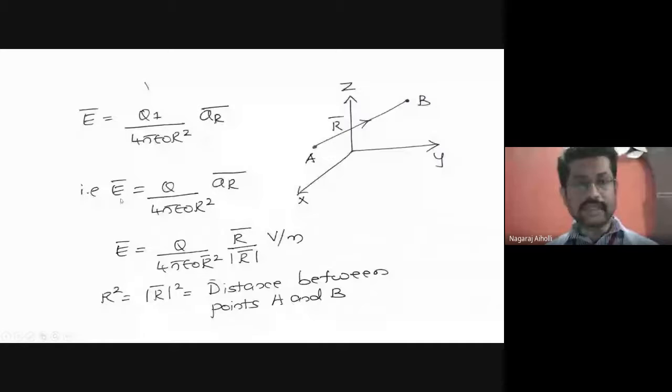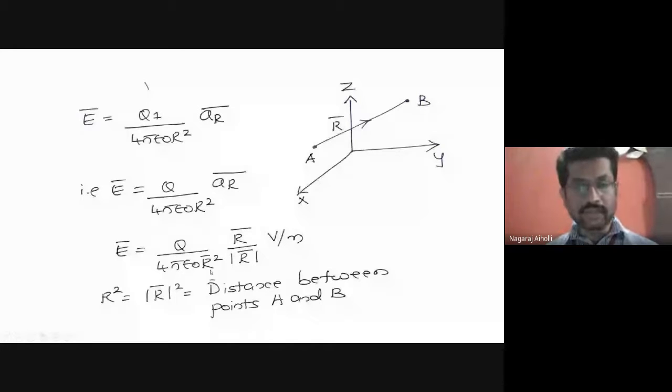That is, E bar is equal to Q divided by 4 pi epsilon naught r square into AR bar, or E bar is equal to Q divided by 4 pi epsilon naught r square into R bar divided by magnitude of R bar, because that is the unit vector. The unit is volt per meter, electric field intensity.